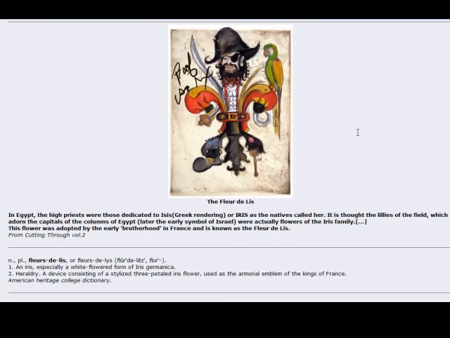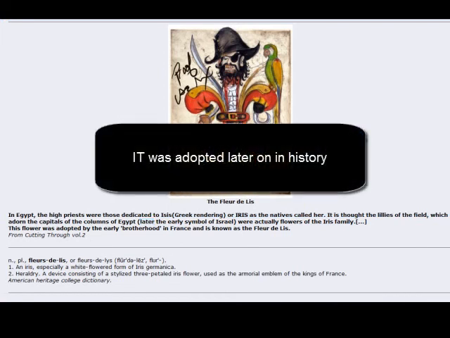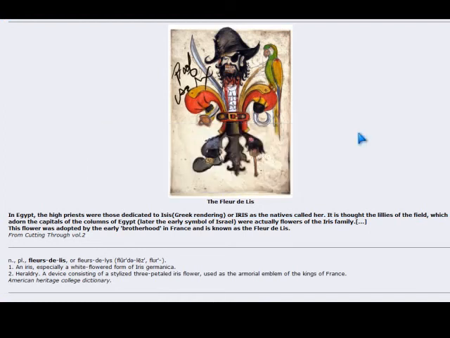And on top of that, it said later, meaning it was adopted during a period of time where the capitals of the columns of Egypt were actually flowers of the iris family.